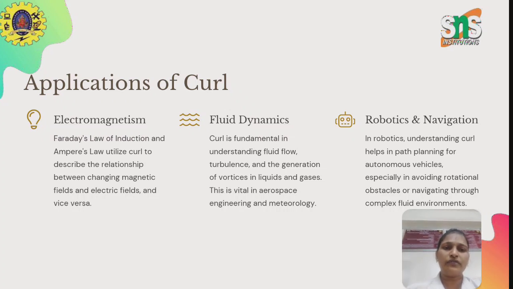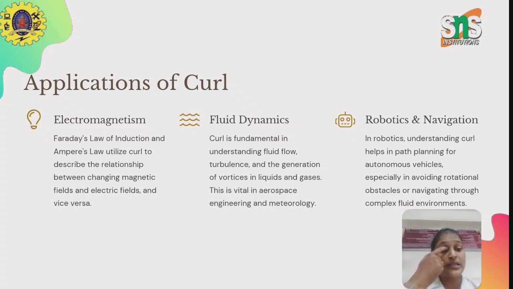So this swirling effect or the twisting effect of these fields can be easily understood and visualized only through the concept of curl. And curl is the foundational understanding for fluid dynamics. Yes, the fluid flow, turbulence, the generation of vortices in liquids and gases, everything can be understood only through this curl.